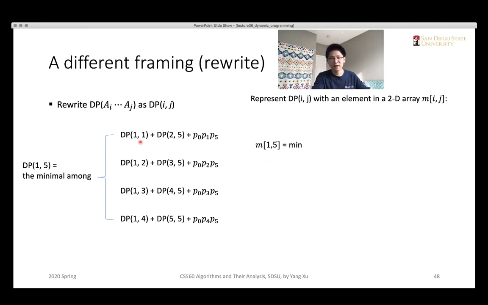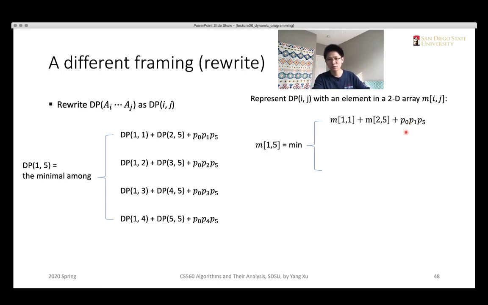So the final solution becomes m15. Okay, it is the minimum among these four: m11, which is originally dp11, and m25, which is originally dp25, and this thing never changes. They come along with the additional cost of multiplying two resulting matrices.